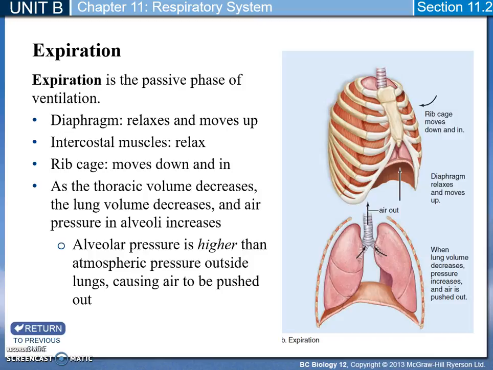The entire rib cage moves down and in. This decreases the volume in the thoracic cavity, so the lung volume decreases and air pressure in the alveoli increases. Alveoli pressure is now higher than atmospheric pressure outside the lungs, and this causes air to be pushed out.